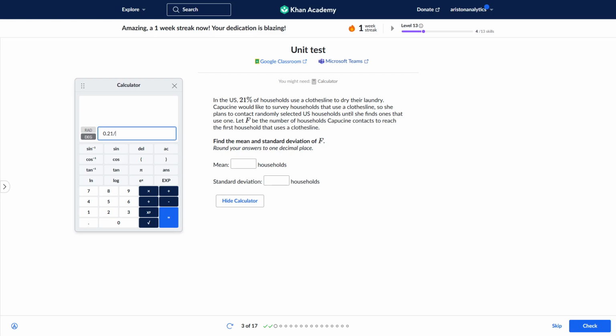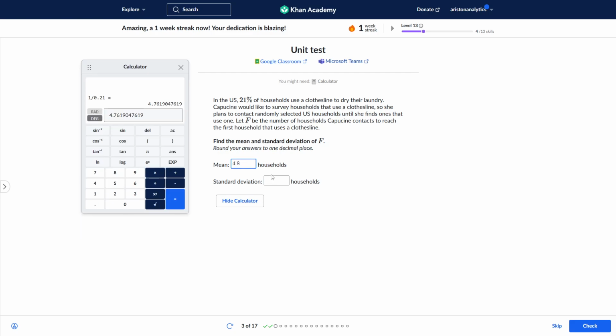Just a geometric distribution, geometric random variable. 8.